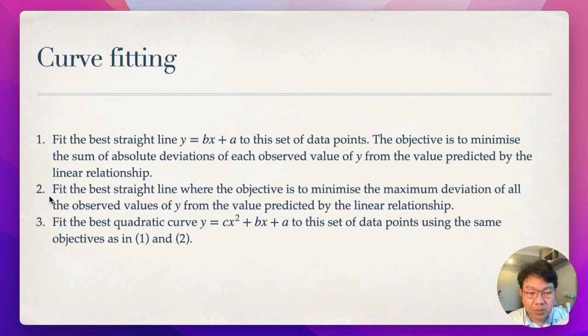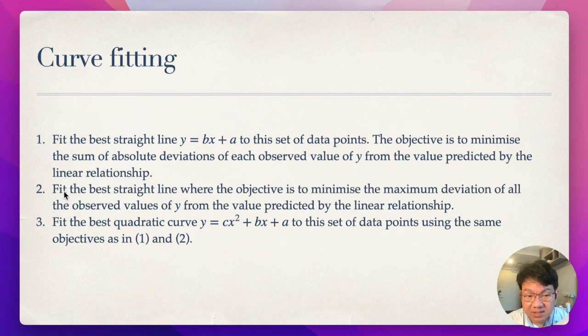For the first problem, we fit the straight line and try to minimize the sum of absolute deviations, or absolute error. And the second problem, we repeat the problem again.